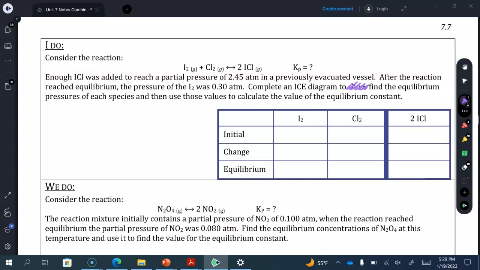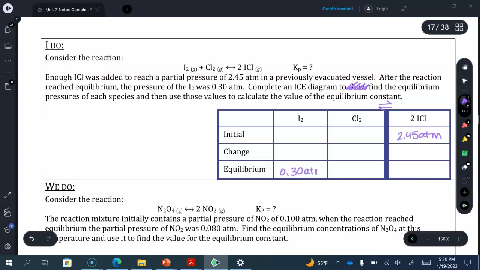So we're going to plug in what we know. Initially I have 2.45 atmospheres of ICl. And then I know at equilibrium I have 0.30 atm of I2. Using stoichiometry, I know that I should have the same amount of Cl2 because they have the same stoichiometric ratio of 1 to 1.